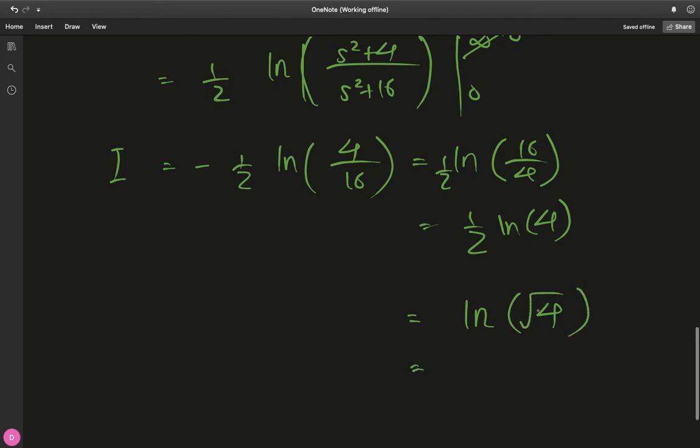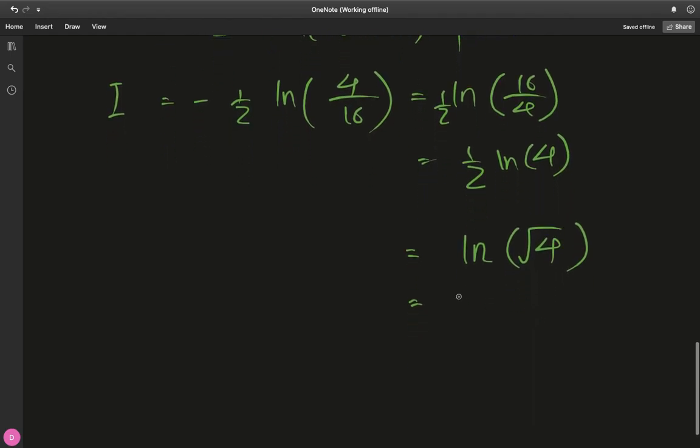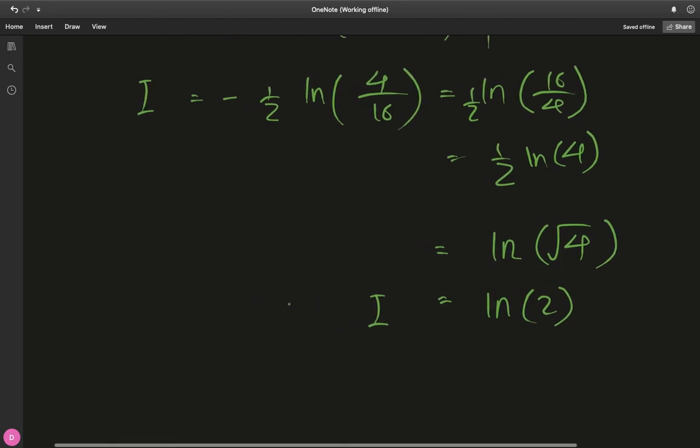Taking the positive branch, because this natural log is real, you can't have a negative inside here. You have natural log of 2. That's basically equal to I, which is equal to the integral from 0 to infinity of sine to the 4th of x divided by x cubed dx.